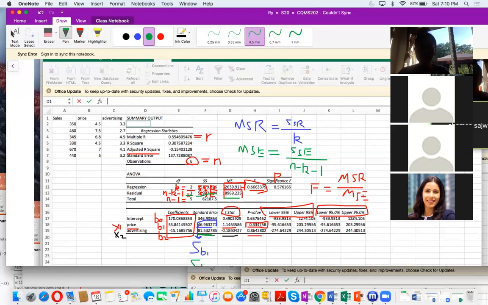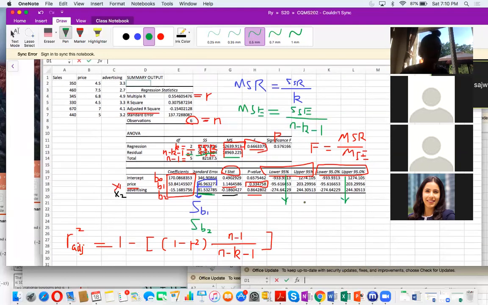Although the numbers are the same here, for some questions they're not the same. So the first one is the confidence interval for the average y given x.